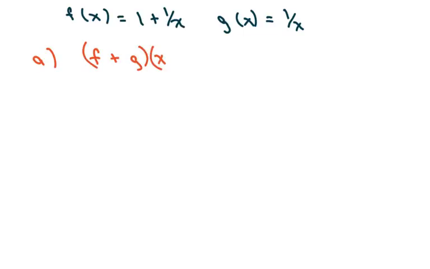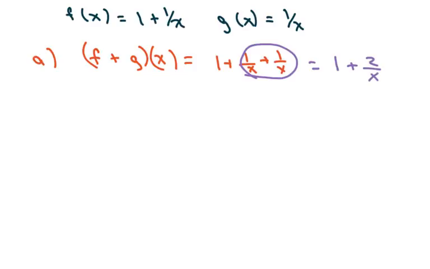When you add that, you get 1 plus 1 over x plus 1 over x. There are 2 of those, so that's just going to be 1 plus 2 over x. The domain, therefore, is x belongs to all real numbers. However, x cannot equal 0, because you can't divide by 0 there.